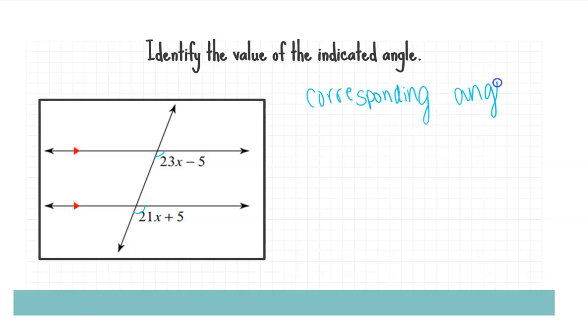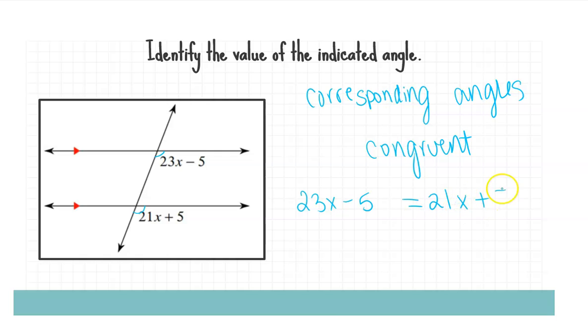Okay, and we know that corresponding angles are going to be congruent. So that means that 23x minus 5 is going to be equal to 21x plus 5. The two angles are congruent, which means that they are equal to each other. So therefore, we can set up an equation where they are both equal to each other.